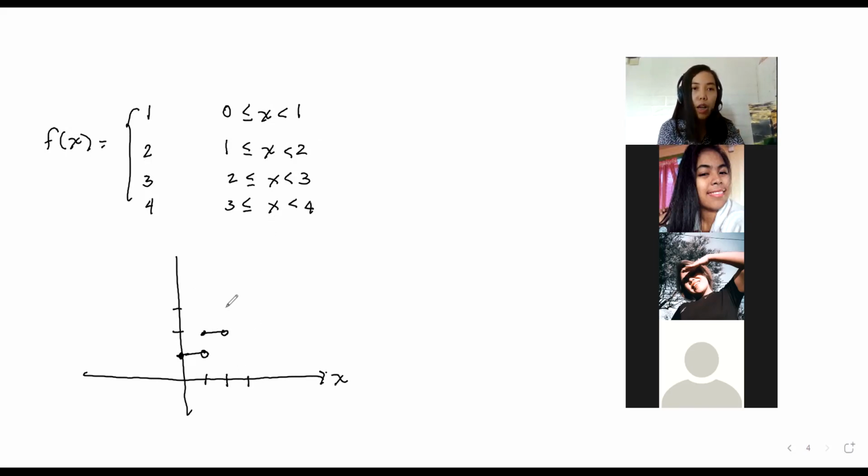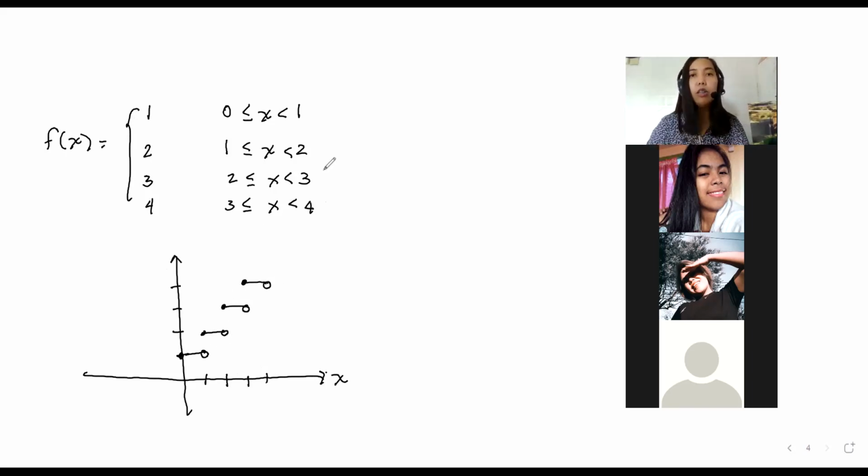The value of y is 3 if the value of x is between 2 to 3. So it's close to 2, open to 3. Y is 4 if the value of y is between 3 and 4. So it's close to 3, open to 4. So that's the graph for this. Okay, this is greatest integer function.